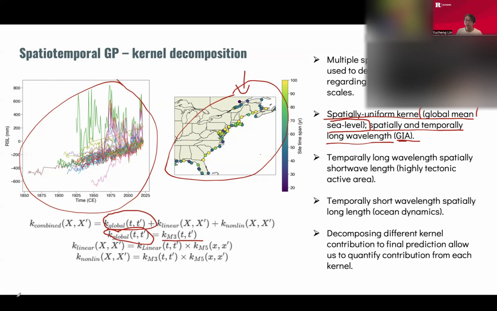For something like a highly tectonically active area, if we think about long-term tectonic movement, it's temporally long wavelength but spatially short wavelength. If you remember, we can set the wavelengths temporally and spatially by our length scale hyperparameter. The next example is ocean dynamics, which might be temporally short wavelength but spatially long wavelength in some locations like the US Atlantic coast.